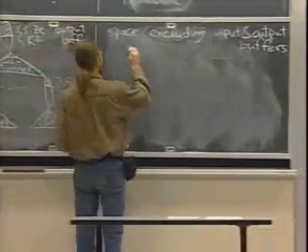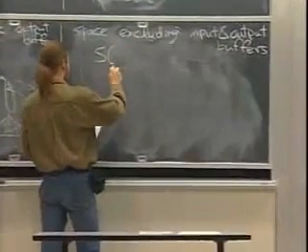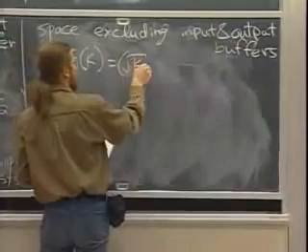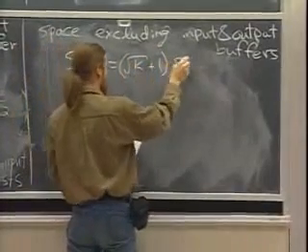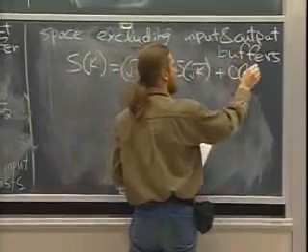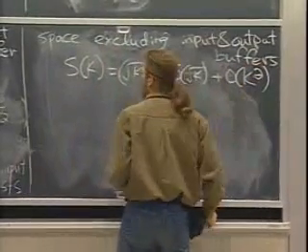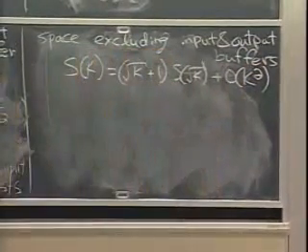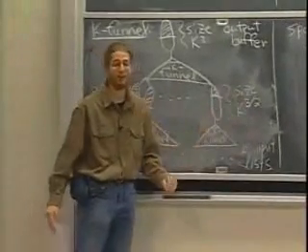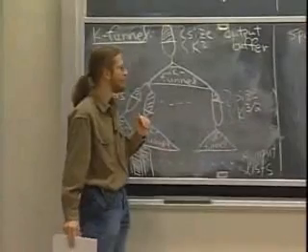So then we get a very simple recurrence for space. S of k is roughly square root of k plus 1 times S of square root of k plus order k squared. K squared because we have square root of k of these buffers, each of size k to the 3/2. Work that out.